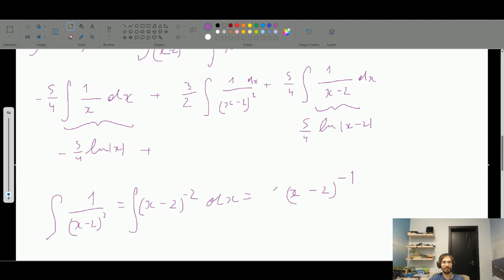And then we divide it by the new power, so we divide by minus 1, which is the same as multiplying by minus 1. So therefore the middle integral can be written as 3 over 2, then minus times minus 1 times (x minus 2) to the power minus 1, and plus c at the end of the whole thing.